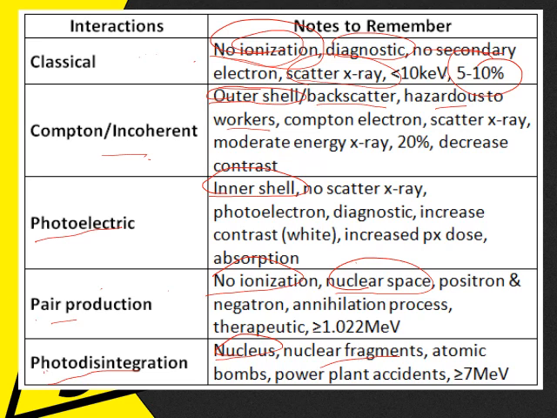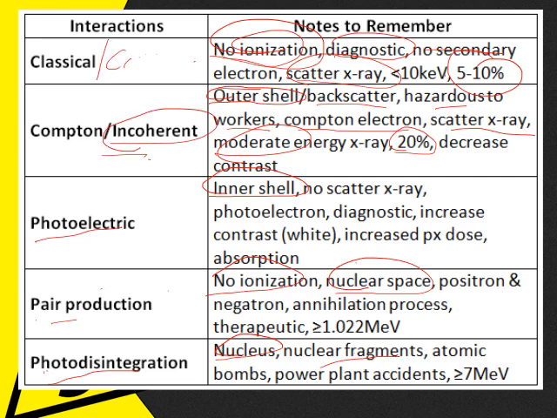The removed electron is called Compton electron. There is a scattered X-ray kasi yung incident X-ray natin is lumabas and we call it a backscatter X-ray or radiation. So this occurs when the energy of the incident X-ray is moderate and about 20% ang chance na mag-occur ang Compton scattering, or it is also called incoherent scattering.